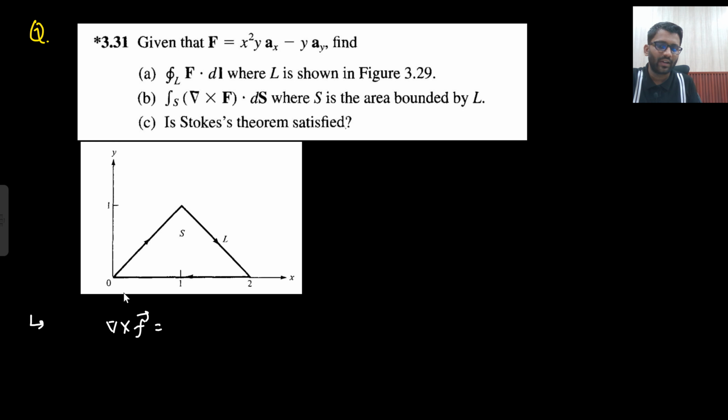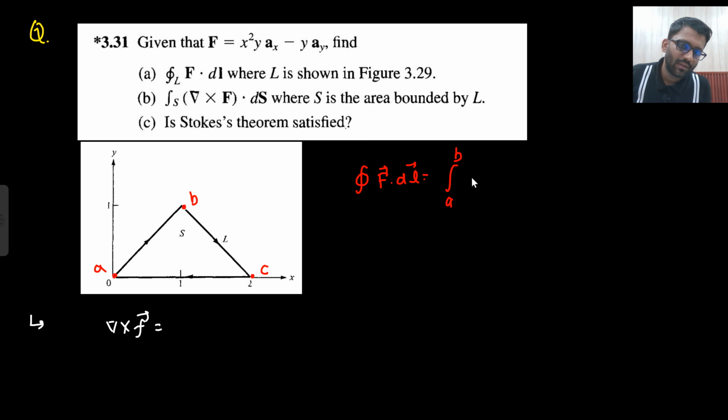How will you calculate? You go from here to here, then here to here, then here to here. Let's say this point I am calling point A, B, C. So how will you calculate this value? F dot dl, very easy.